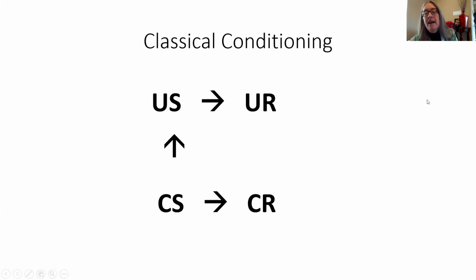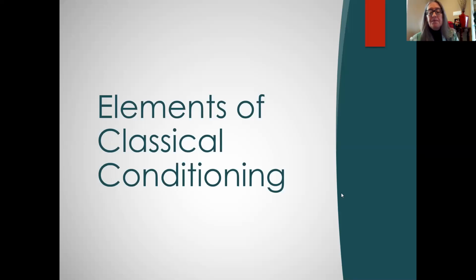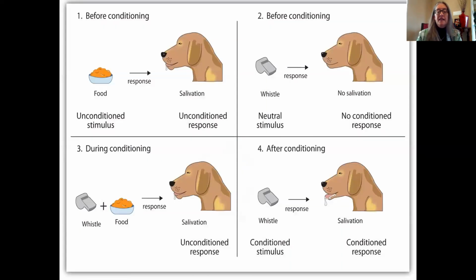Let's go back now to the PowerPoint slides that you're using in your class. There we go. The elements of classical conditioning. And you can see that before conditioning, we've got the unconditioned stimulus of the food leading to salivating, the unconditioned response.